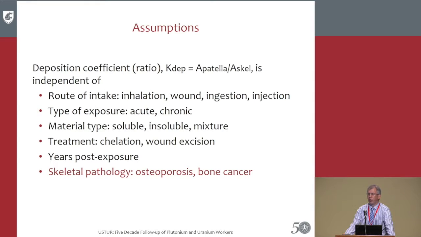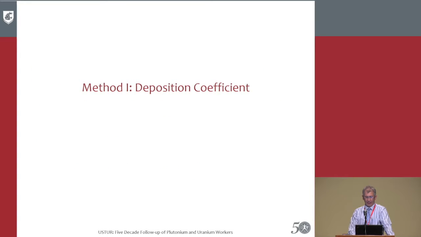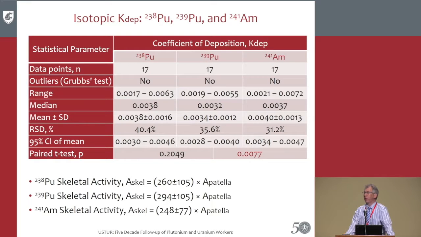Before we go further, I want to state my assumptions. The deposition coefficient ratio is independent of route of intake, type of exposure, material type, treatment, years post-exposure, and skeletal pathology. That's the first approach, the deposition coefficient. As I mentioned, I have 17 cases.